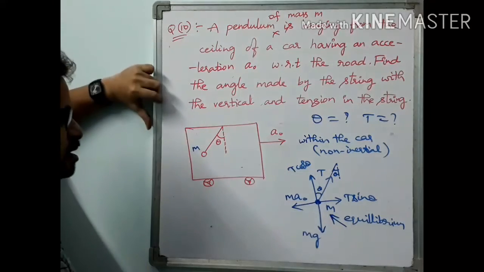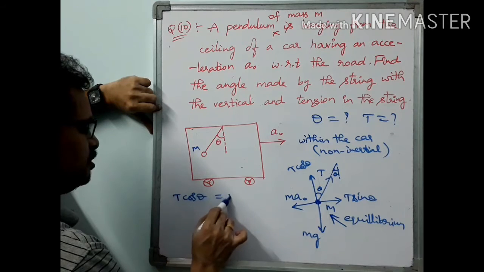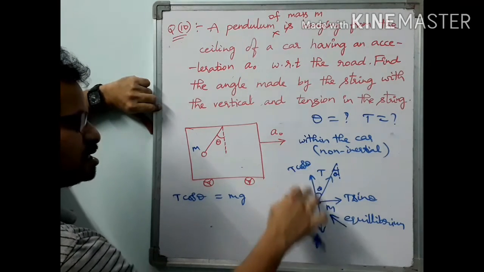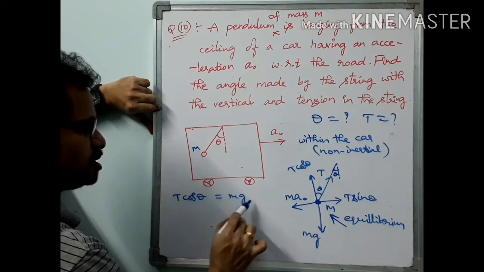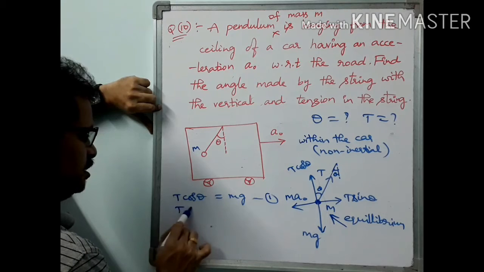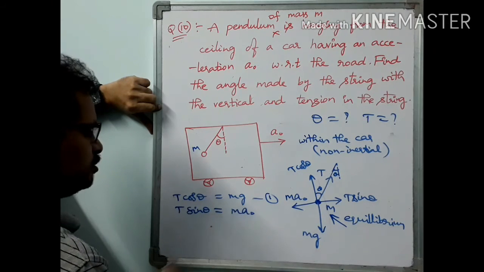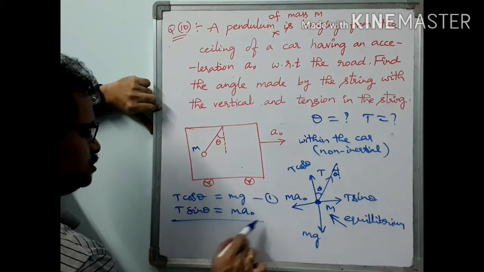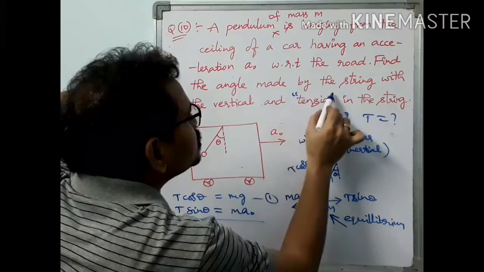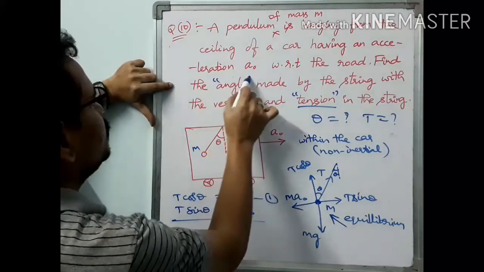So now what are the forces here? In vertical direction, T cos theta equals mg, because it is not having any acceleration, that means upward forces and downward forces are the same. So T cos theta equals mg, equation 1. And in horizontal direction, T sin theta equals m a0. First let us find what is being asked in this question: tension as well as angle theta.